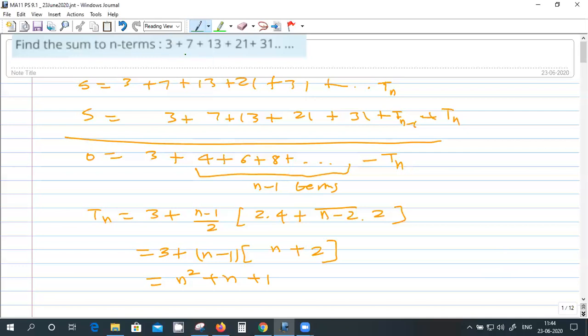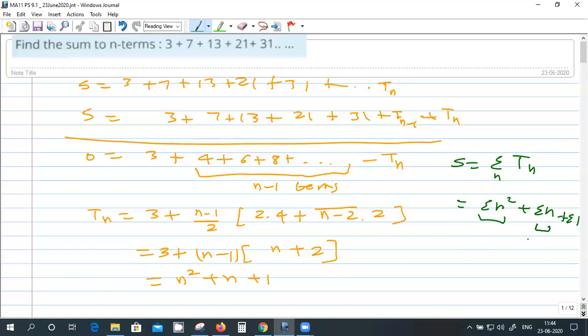This is simple, right? So S is now sigma Tn, summation over n. That is the summation of n square plus summation of n plus summation of 1. Summation of n is n into n plus 1 by 2.